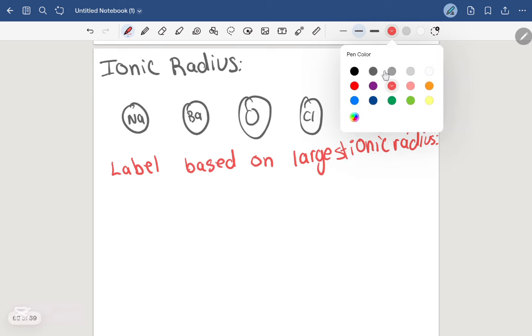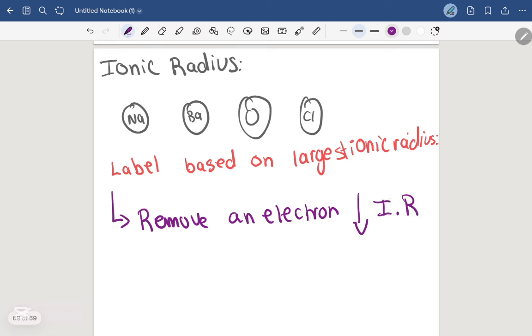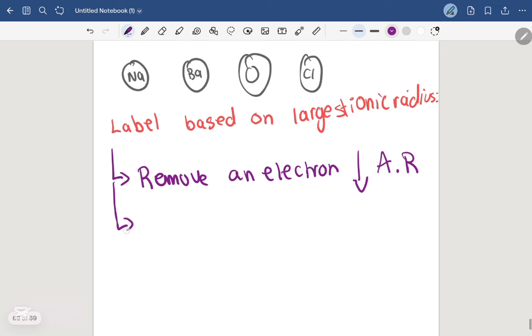Very simply, there's a set of rules you need to know. What is the set of rules? Logically speaking, if you remove an electron, what will it do? It decreases the atomic radius. But if you add an electron, what does it do?